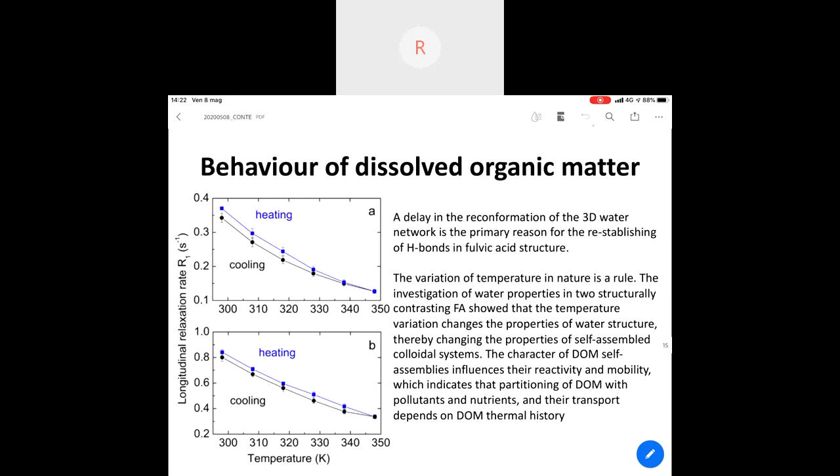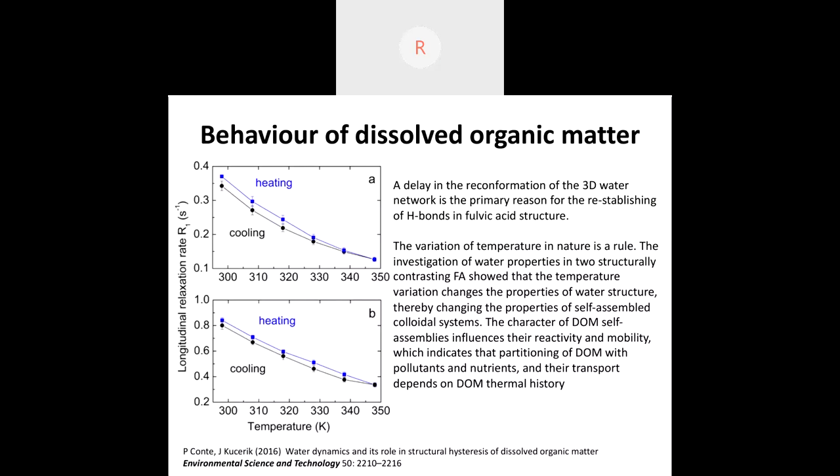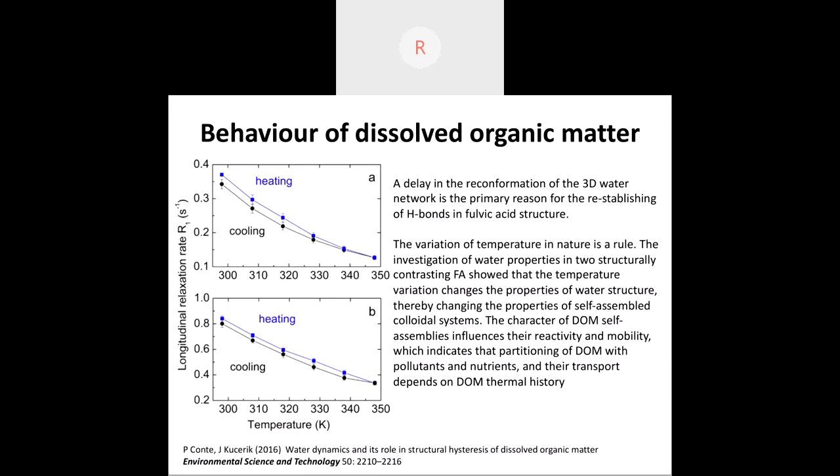We did different experiments by dissolving fulvic acids. Fulvic acids are the water-soluble part of the organic matter, what we in soil science define as the dissolved organic matter, which is really important from a microbiological point of view and from a nutrient point of view.